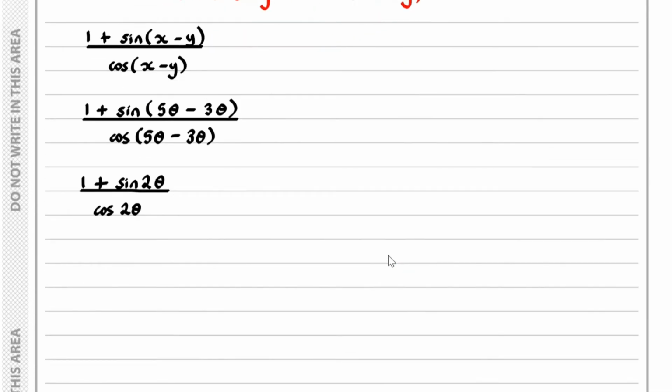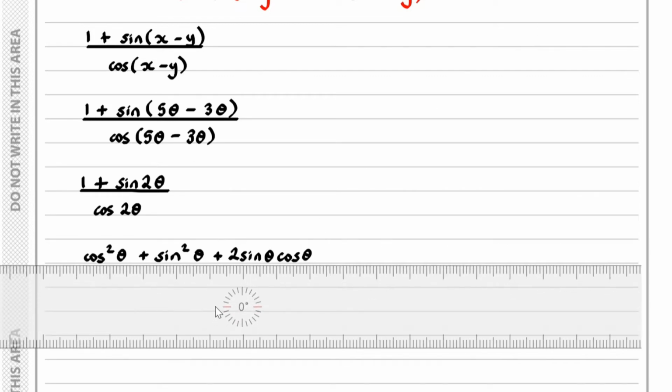And the way we can do that is to recognize that 1 is the same as cos squared theta plus sine squared theta, and then we add on sine 2 theta, which is the same as 2 sine theta cos theta.